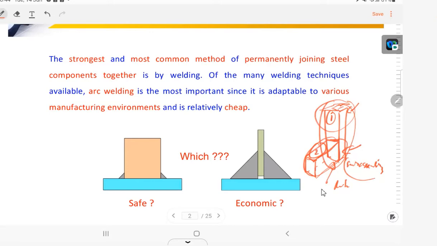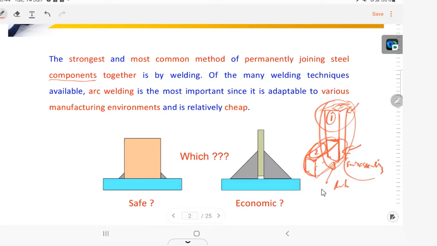Welding is the strongest and the most common method of permanently joining steel components together. So when you design something with different parts, you have to think how to join, either using bolts, using clips, or using welding methods.